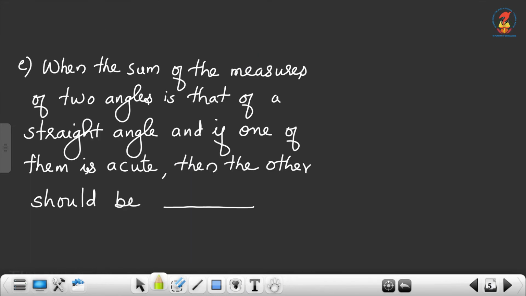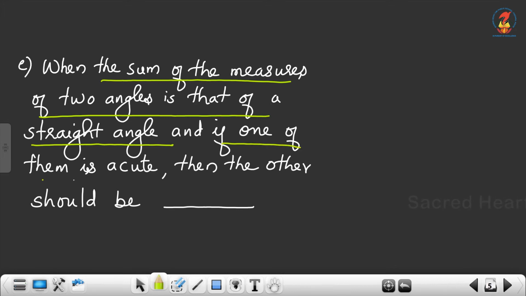Now next one. When the sum of the measures of two angles is that of a straight angle, and if one of them is acute, then the other should be. Here also we have two angles. When we added the measures, the sum is that of a straight angle. What is the measure of a straight angle? 180 degree.